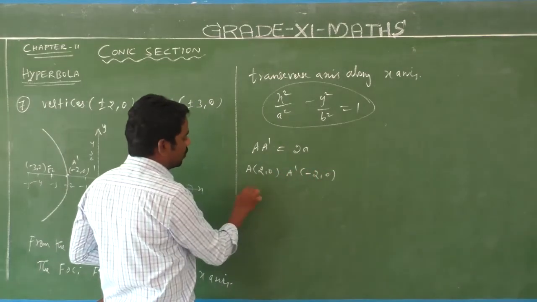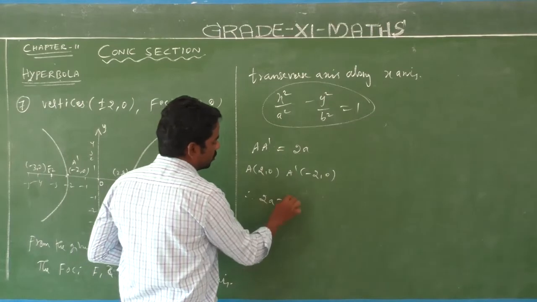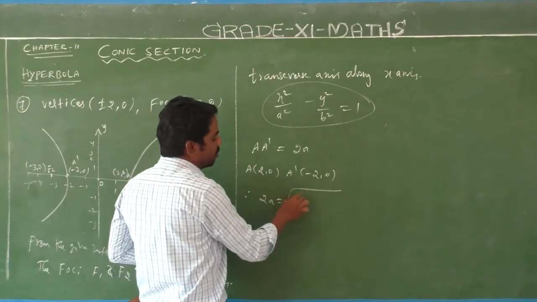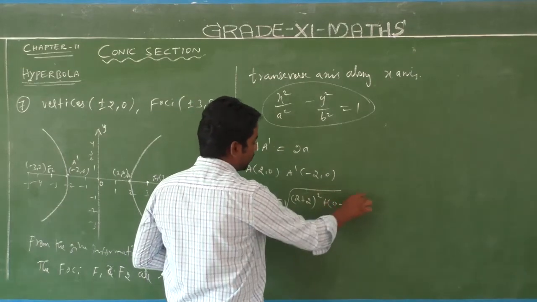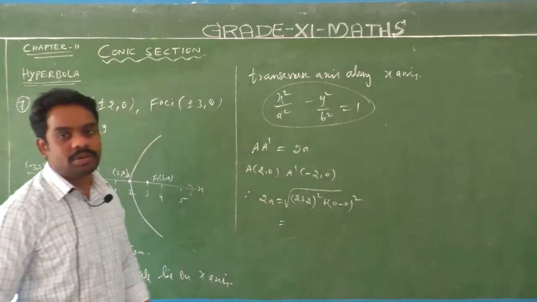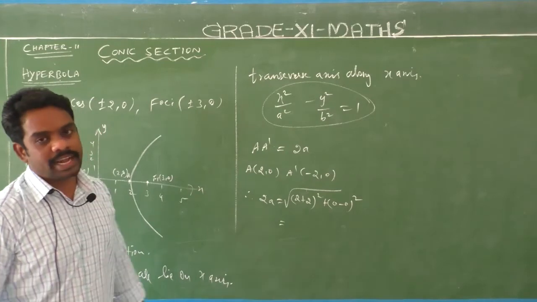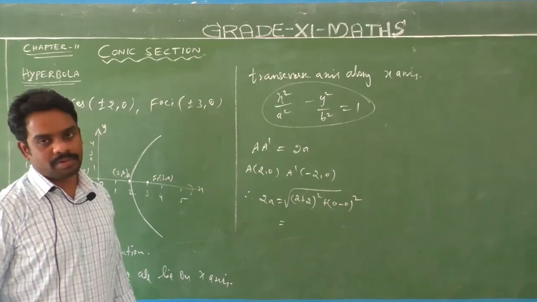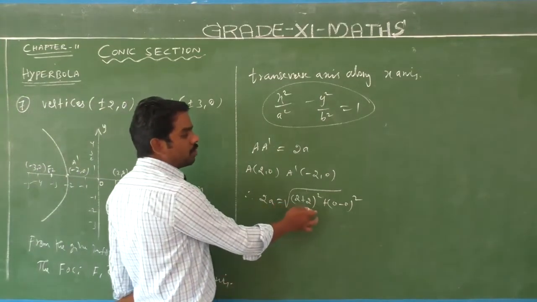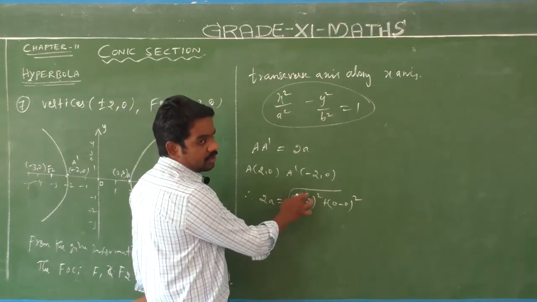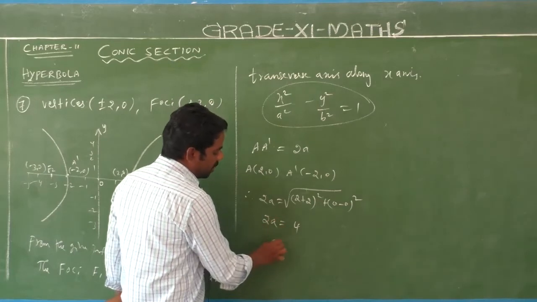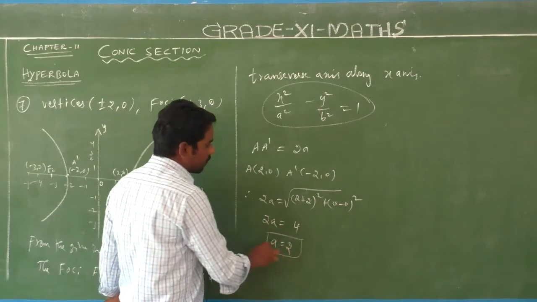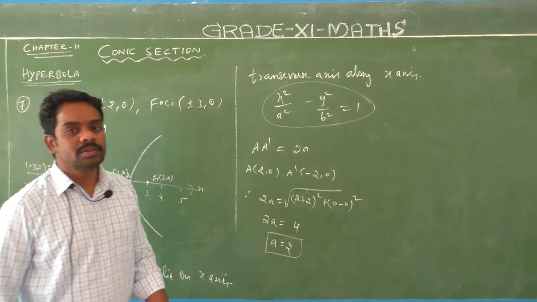So 2a is equal to the square root of (2 minus of minus 2) the whole square plus (0 minus 0) the whole square. Use the distance formula, root of (x2 minus x1) squared plus (y2 minus y1) squared. So root of 4 squared is 4. So 2a is equal to 4, a equal to 2.